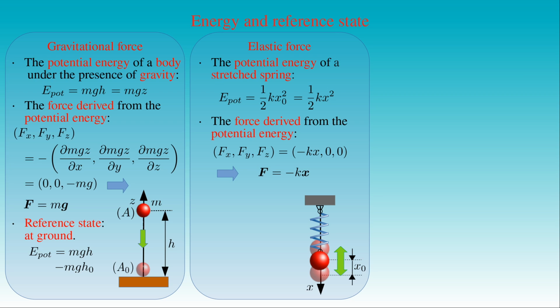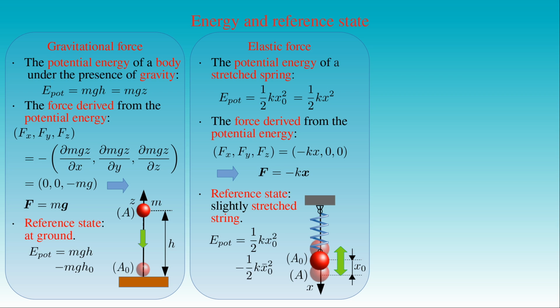Similarly, if the reference state A0 of a spring is not its equilibrium state but the state in which it is slightly stretched, then the potential energy of the spring stretched by an amount of x0 from its equilibrium length, that is in the state A, is equal to 1 over 2 times k times x0 squared, minus 1 over 2 times k times x0 bar squared. Here x0 bar gives the difference between the length of the relaxed spring and the length of the slightly stretched one.